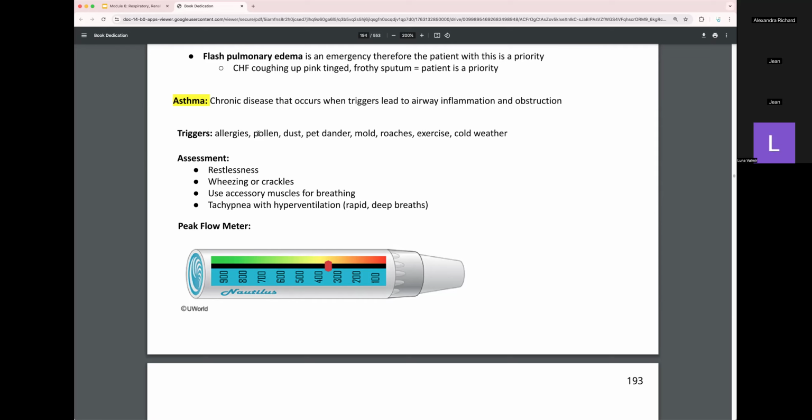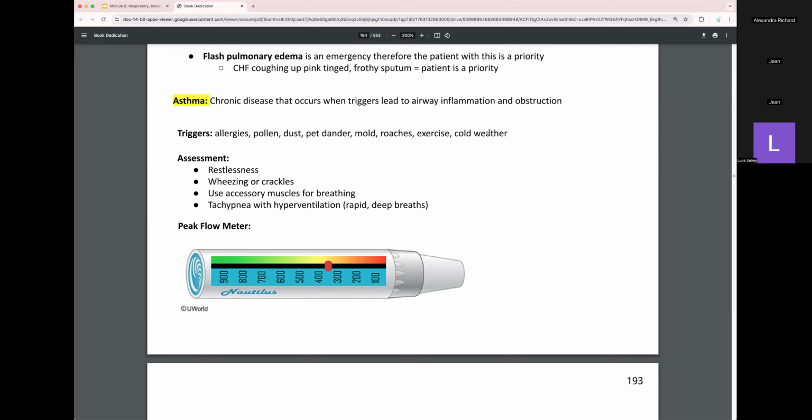So we want to teach our patient how to properly use medications and to avoid these triggers to reduce the chances of an asthma attack. Because can an asthma attack kill a patient? Absolutely. Okay. It's very sad and I've seen it.